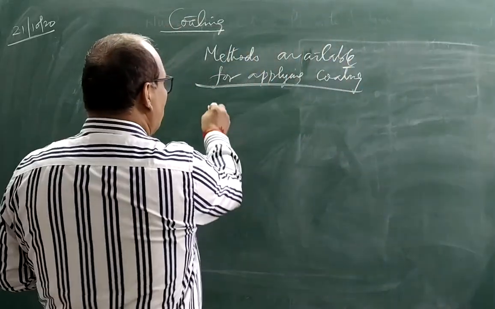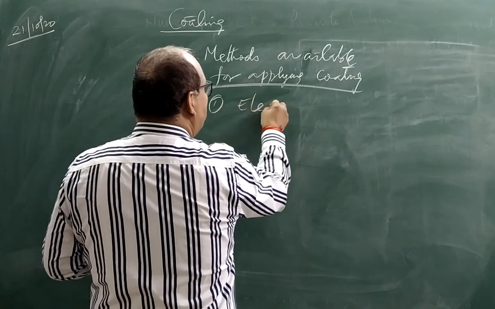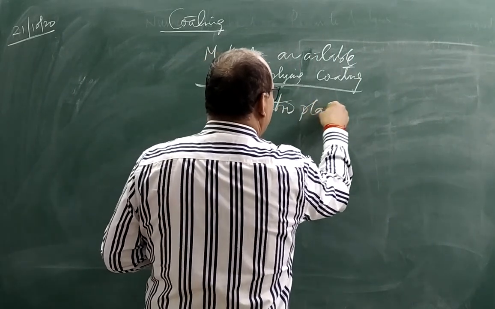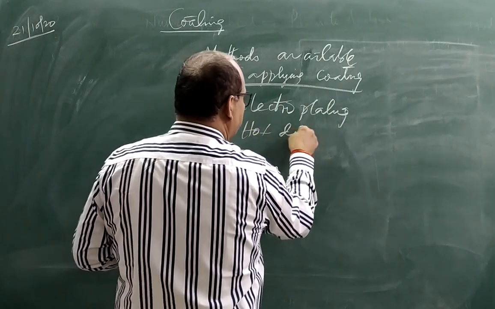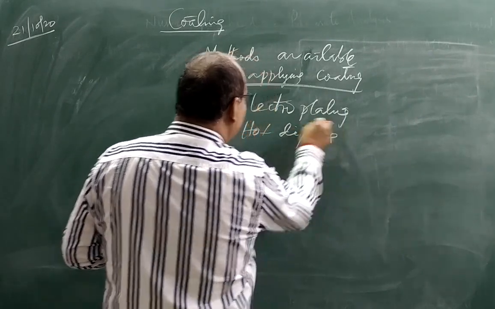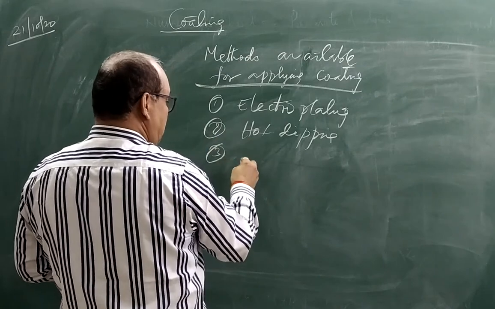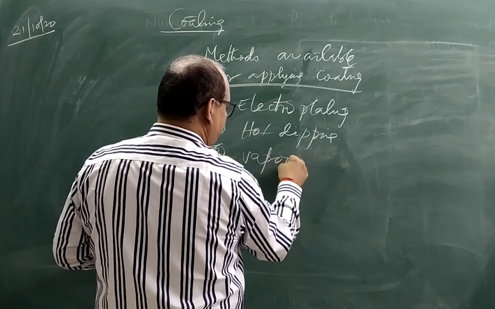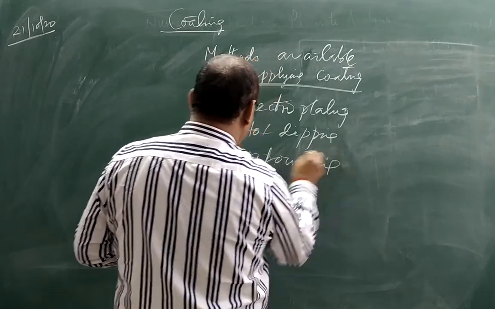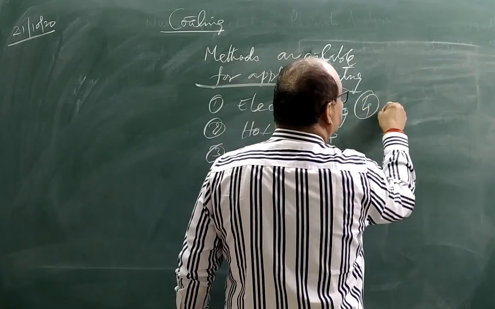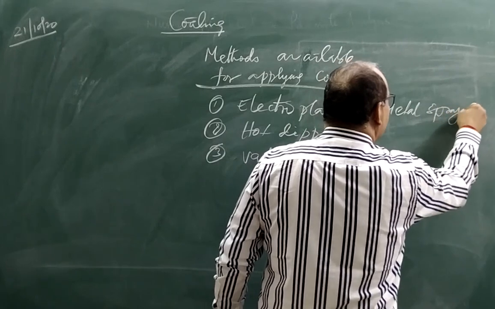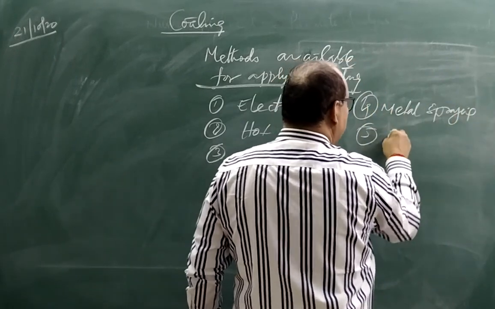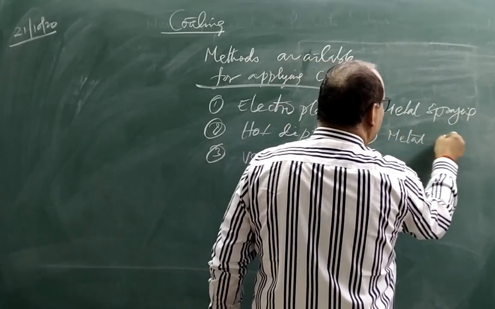They are, number one, electroplating. Number two, hot dipping. Number three, vaporizing. Number four, metal spraying. Number five, metal cladding.